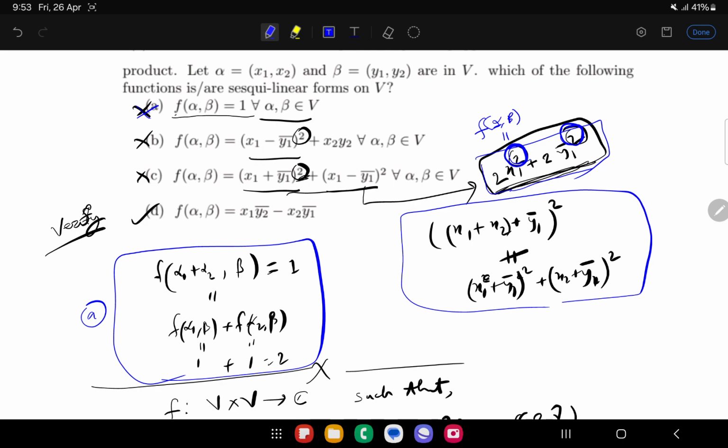So similar thing is happening in part B also, right? There we have these terms x1 square plus y1 square minus 2 x1 y bar plus x2 y2.